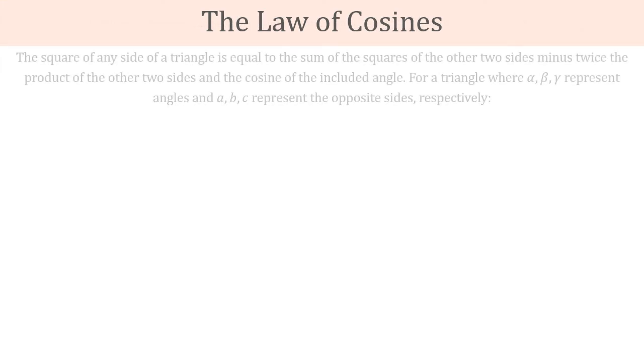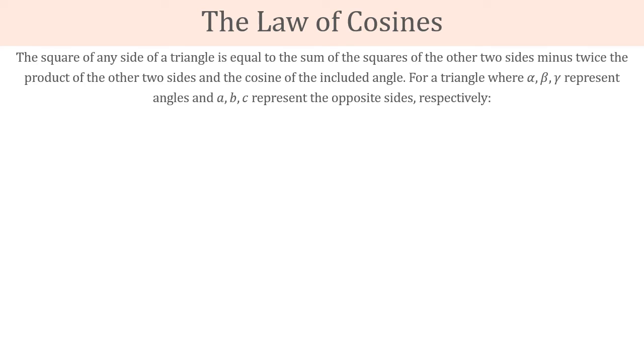Here's what the law of cosines says in words. The square of any side of a triangle is equal to the sum of the squares of the other two sides minus twice the product of those two sides and the cosine of the included angle.